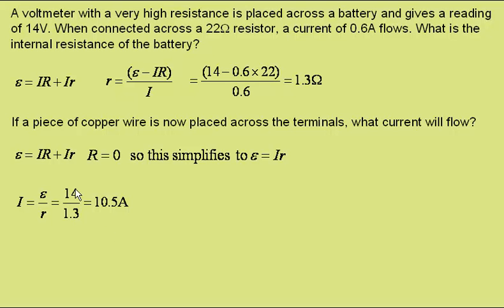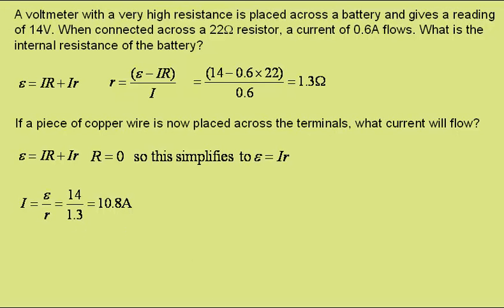Incidentally, if you try the calculation of 14 over 1.3, you'll find it comes out at 10.8 amps. The answer up here is actually 1.3 recurring, and I've kept the whole number in my calculator to use in this calculation. You must do this to avoid rounding errors. When doing multiple calculation problems like this, it's generally better to keep the full numbers in your calculator as you work to avoid rounding errors as you go through.